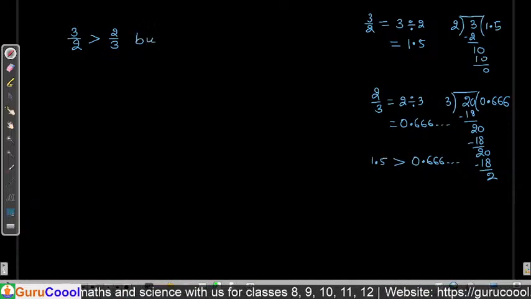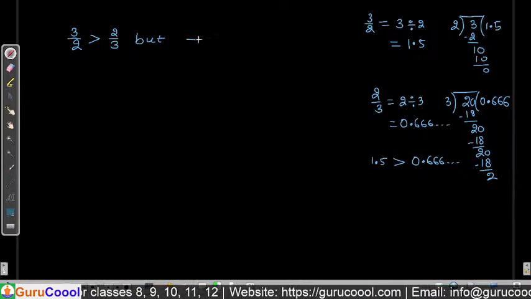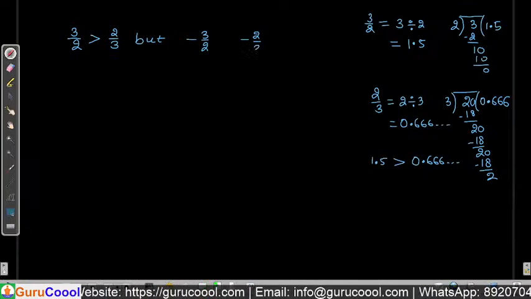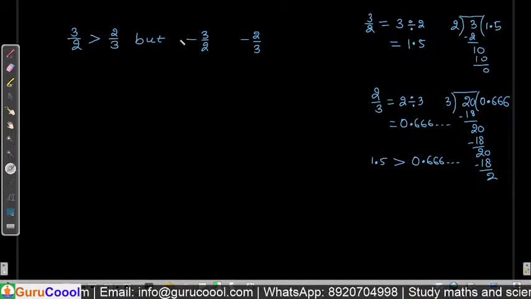Now what I am going to do is, I will put a minus sign with both of them. First one becomes minus 3 by 2. Second one becomes minus 2 by 3. Now think which one is greater. Is the inequality the same or not?